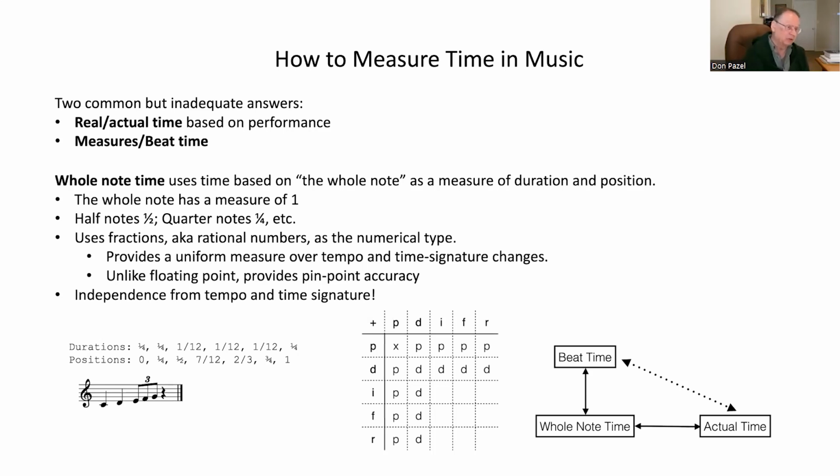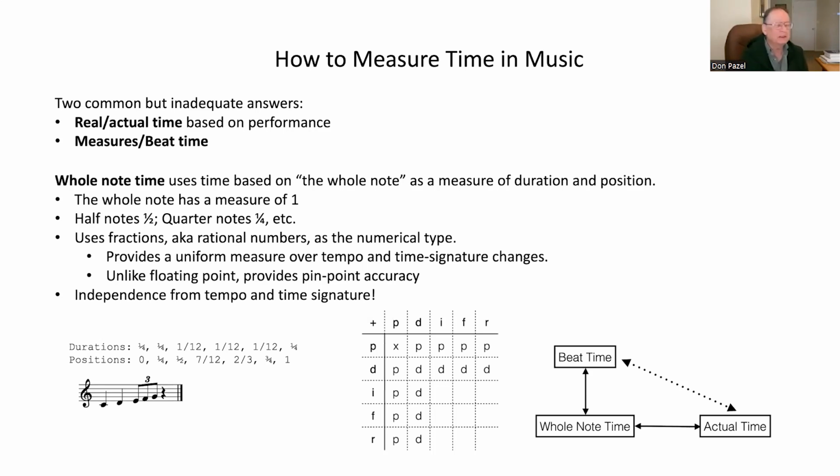You could use the measures and beat time. You could say measure 5, beat 3 is where the note is, but that's not uniform. The problem with that is that you can change the time signature of the music at any point, and have 3 beats for the music and then 4 beats for the music. And so you kind of lose that uniformity.